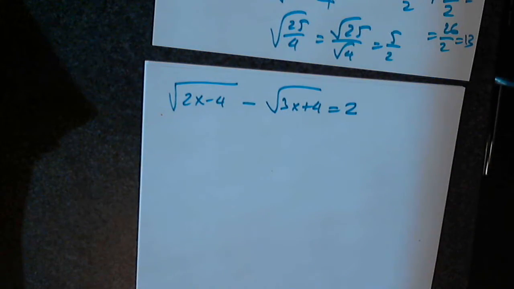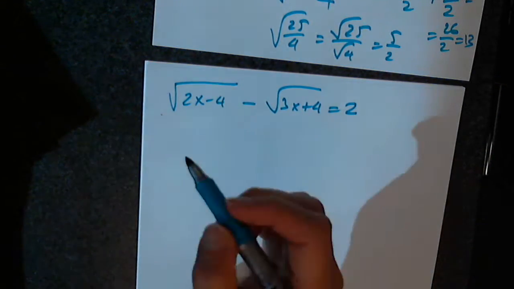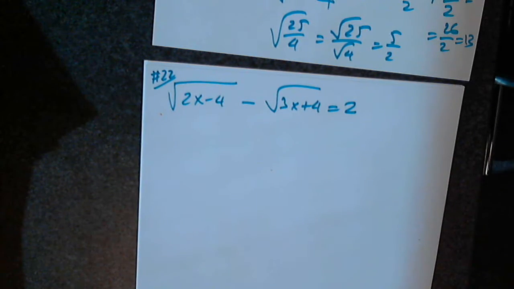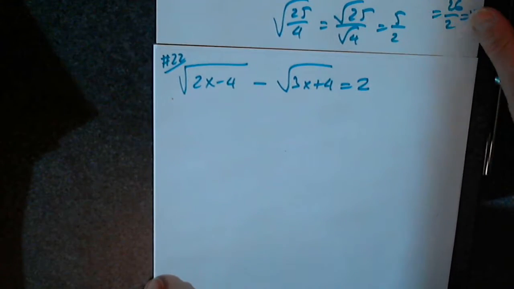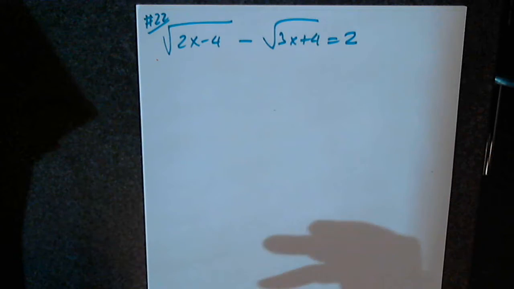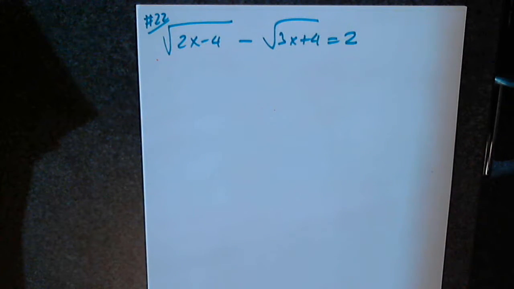This is the most difficult type of problem. Okay, I will not test you on a problem like this, but I want you to see at least one. Why do you think I say it's difficult?